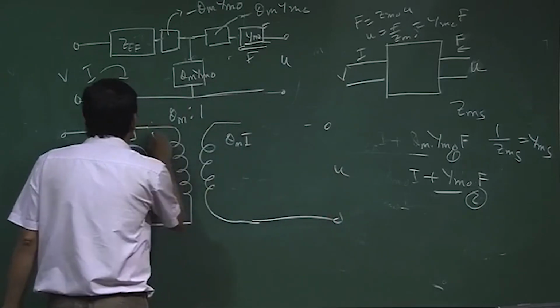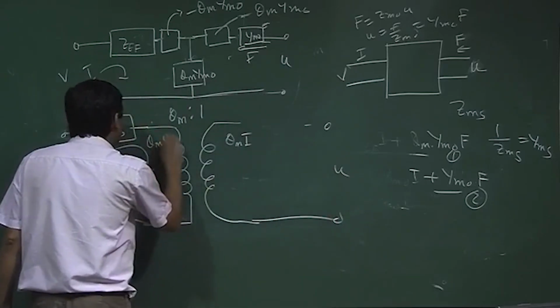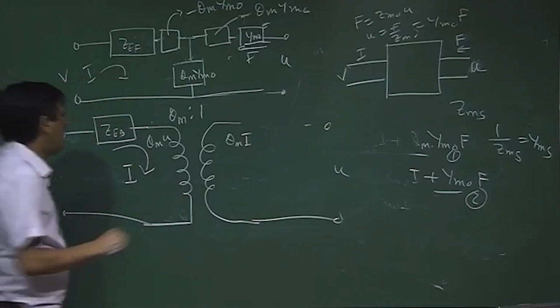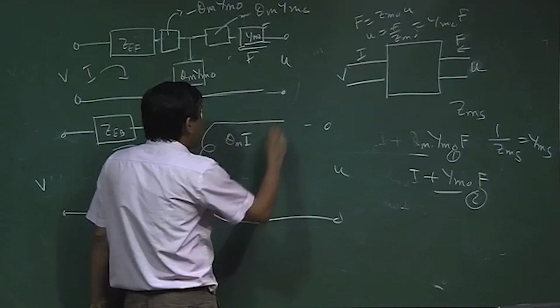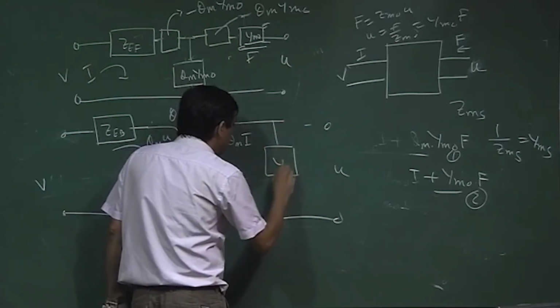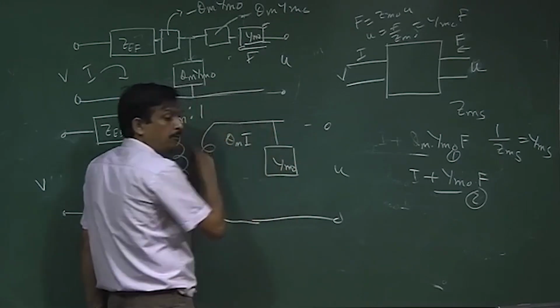So this will be phi m into U, and I put YMO, and F is flowing.